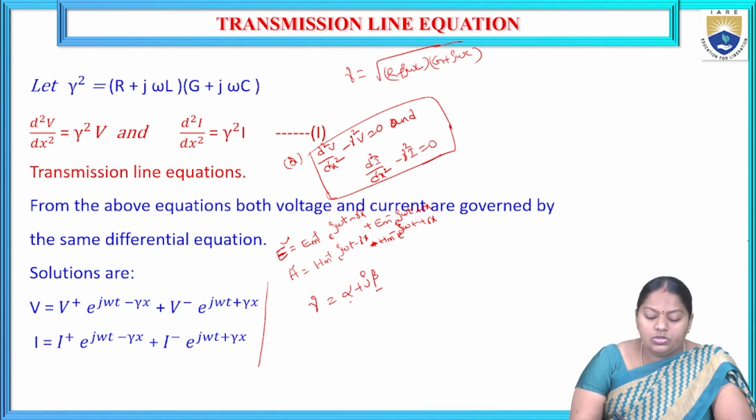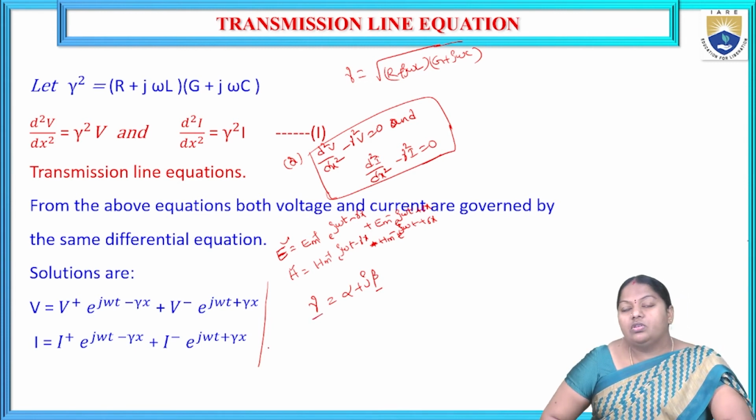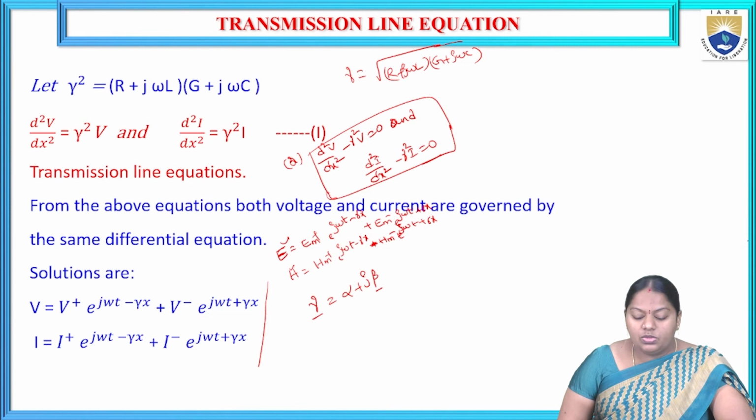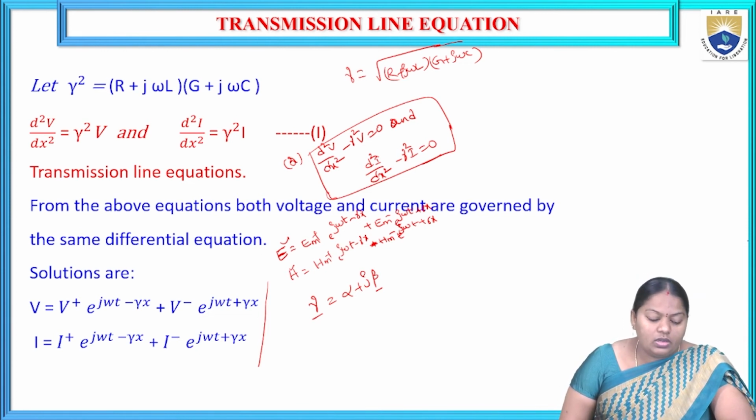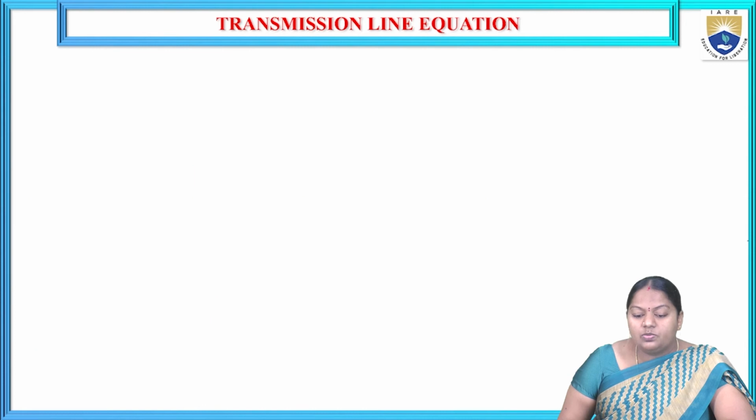If you combine these two, alpha and jβ, it gives us one of the secondary constants of a transmission line called the propagation constant gamma. Okay, so V and I are the two solutions for the second order differential equations of the transmission line. This is the way we have evaluated the transmission line equation from a small section of a transmission line.